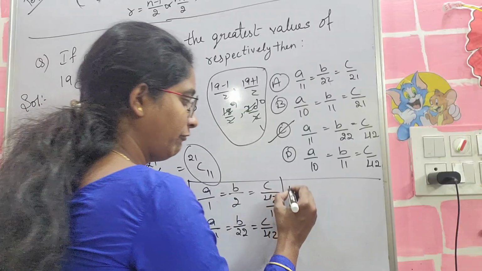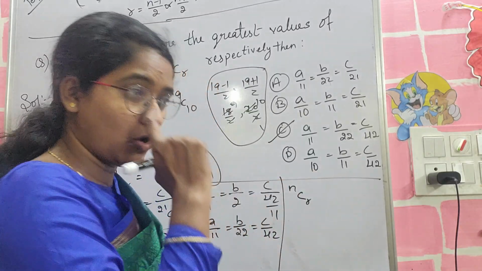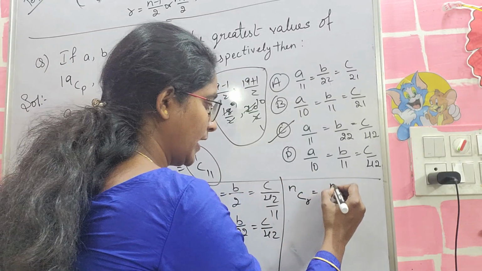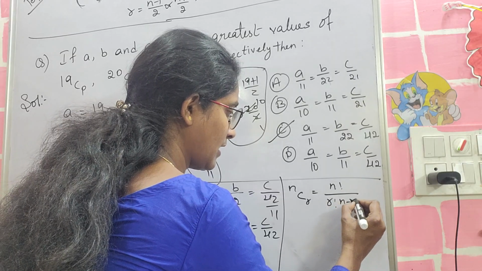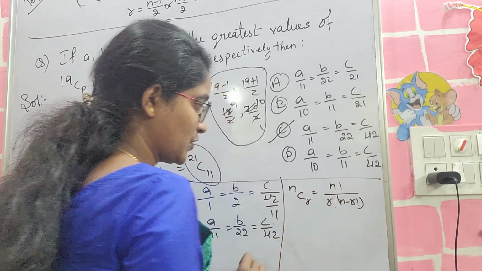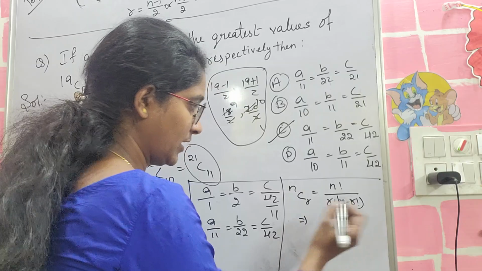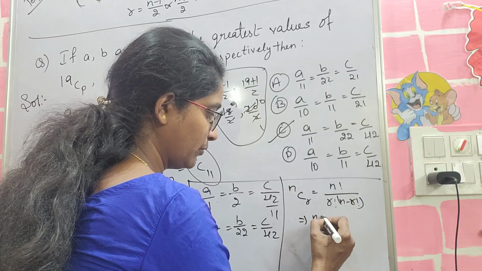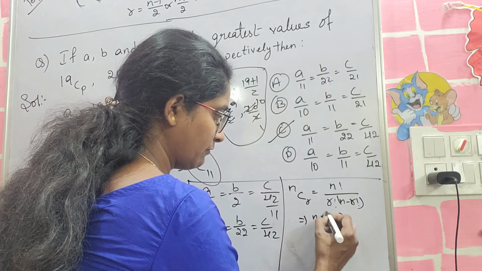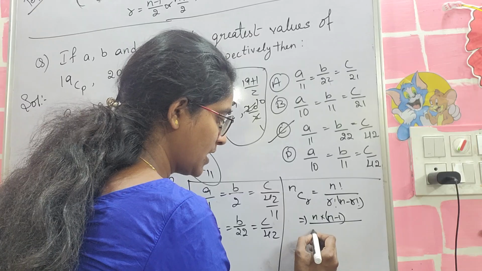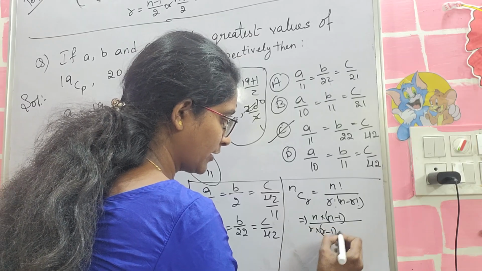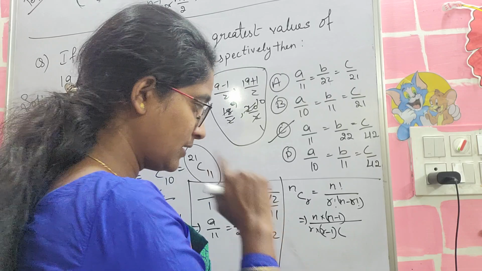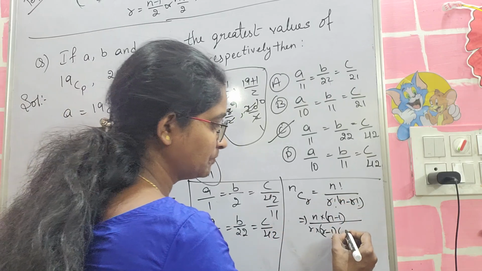So I'll explain why we are able to write this. See, if NCR is here, how are we going to write it? N factorial by R factorial n minus R factorial, right? So if I just take one more step, like n into n minus 1 factorial by R into R minus 1 factorial, and here this both will become what?